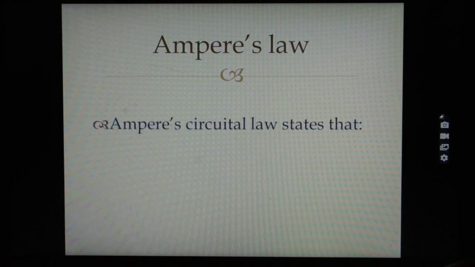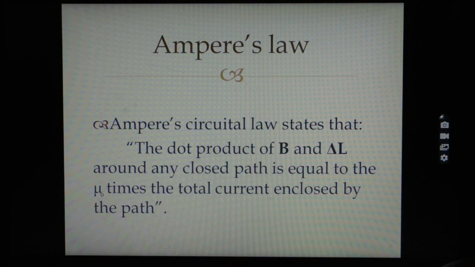Ampere's circuital law states that the dot product of B and delta L around an enclosed path is equal to mu naught times the total current enclosed by the path, that is, B dot delta L. Here we have introduced a summation sign, sigma.